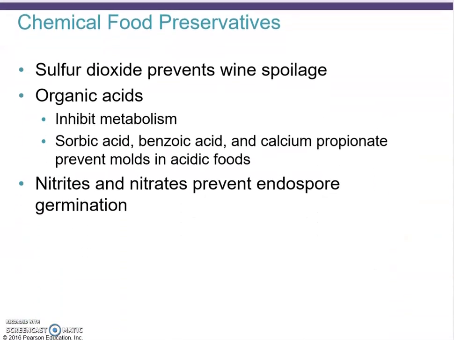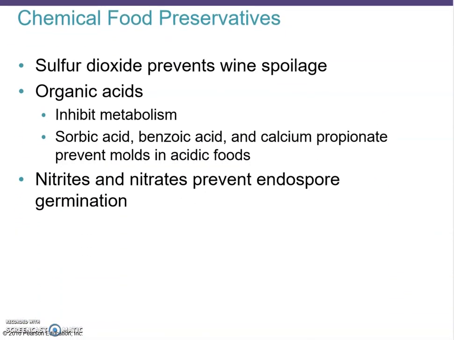Now moving on to chemical food preservatives. How do we keep our food longer? There are different ways you can go. Chemical food preservatives include sulfur dioxide, which is added a lot of times to wine and prevents wine spoilage.